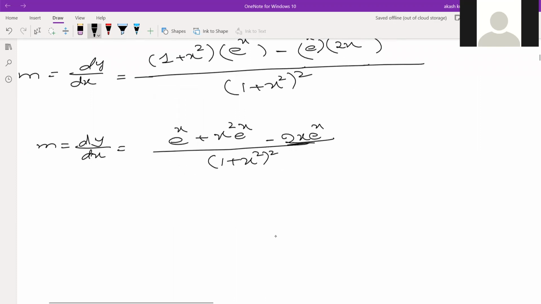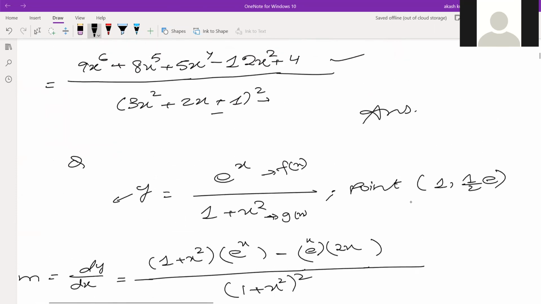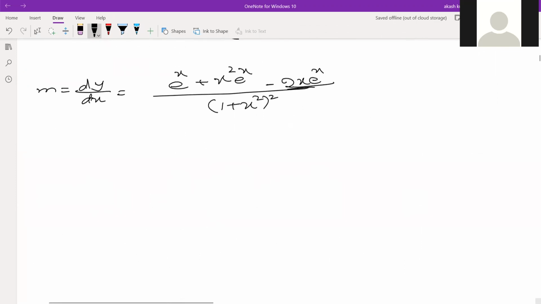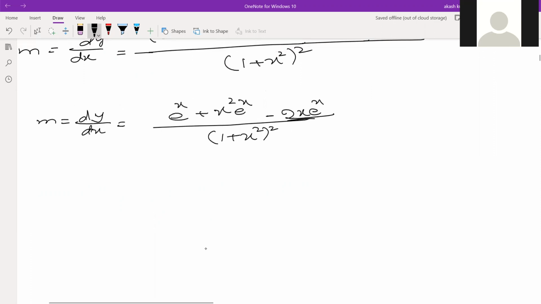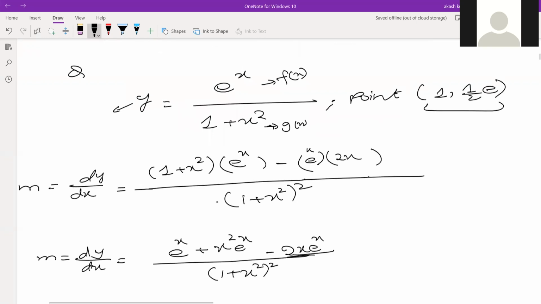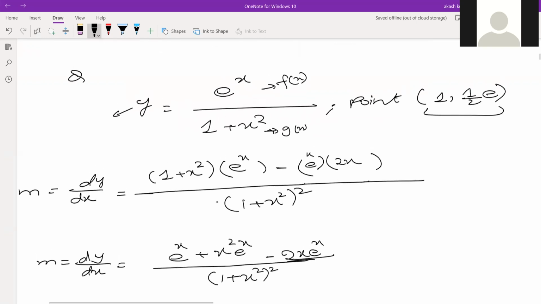So we have been given the point, we have to find the slope at that point only. So the point is given to us as 1 comma half e. So now we have to simplify it further, right? Yes, one minute.